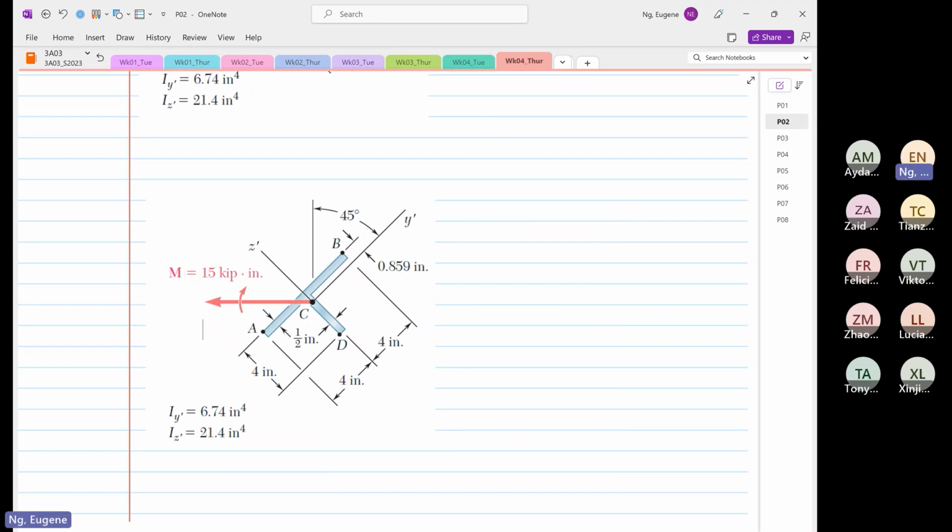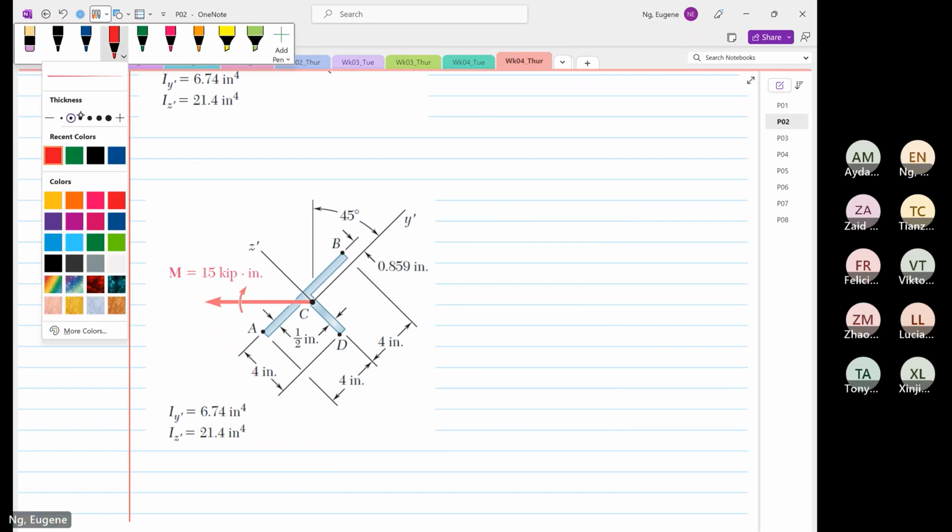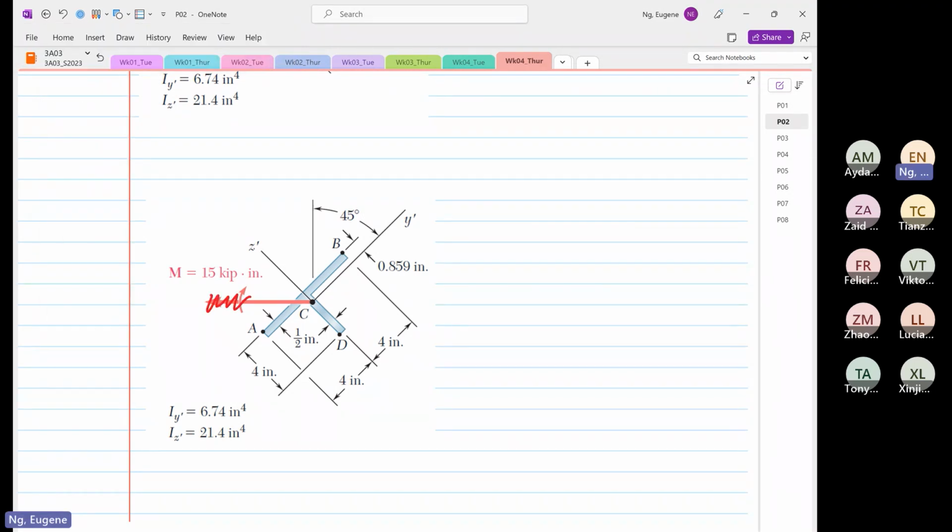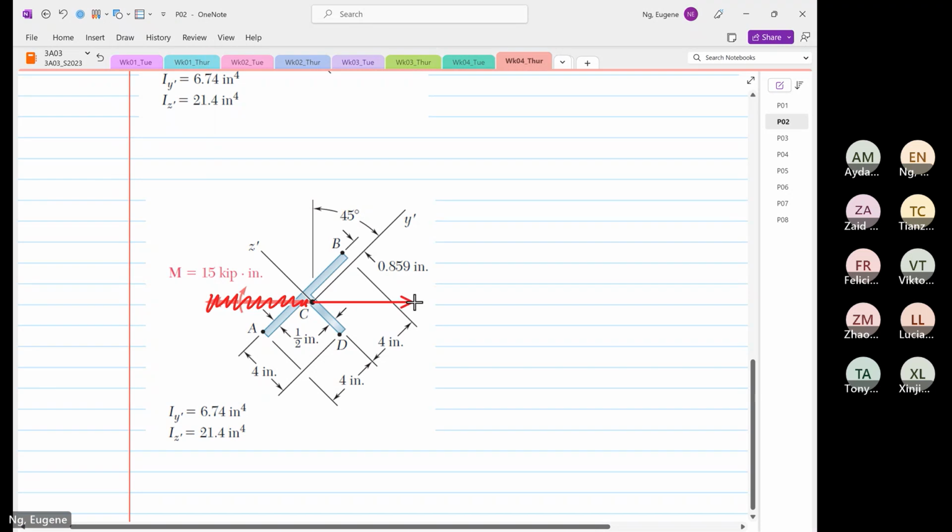So I'm going to cancel it. Okay, the applied moment is not in this direction, but rather the applied moment is like this now. Okay, so the direction flips.